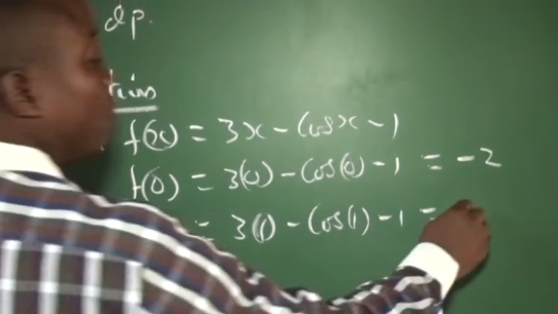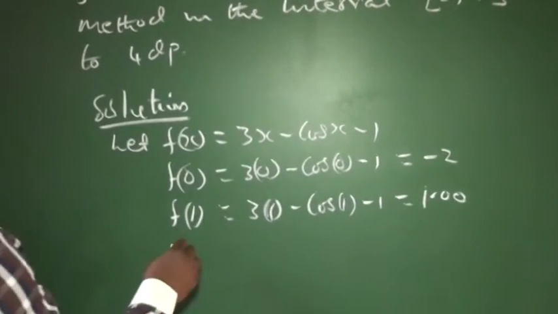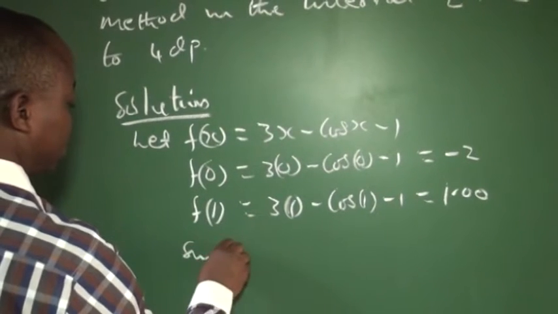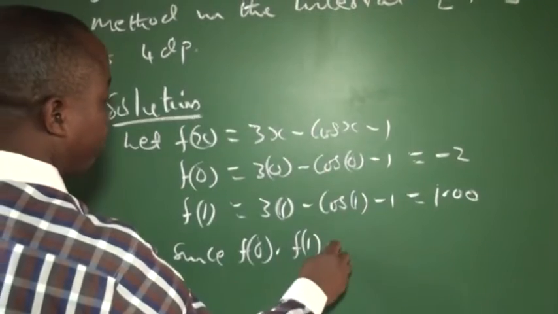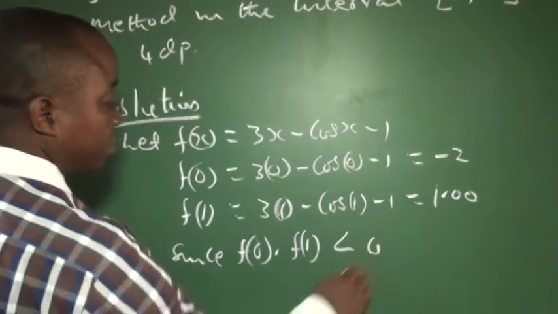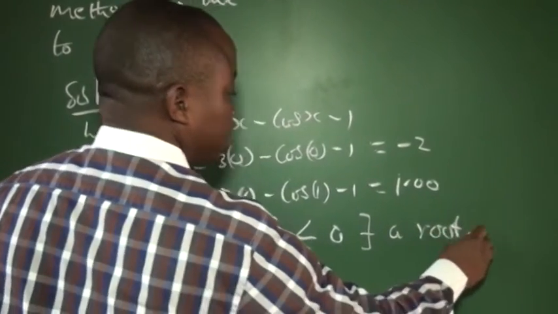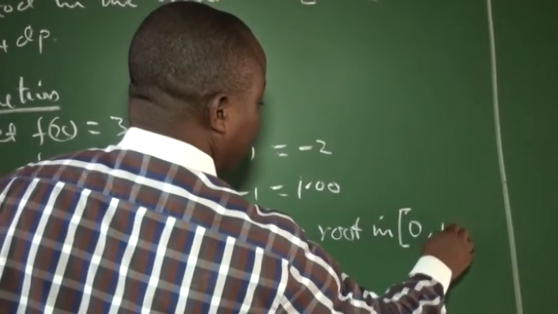So that gives us 1.00. Now, since f of 0 times f of 1 is less than 0, there exists a root in the interval 0 and 1.